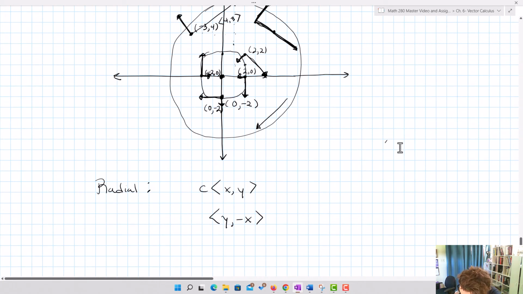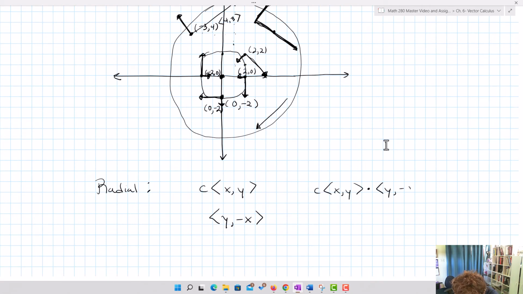So if the two vectors are orthogonal to one another, then when I take the dot product, it should equal 0. So if I take c times x, y, my radial vector field, dotted with y, negative x, I get xy minus xy, times c, which just equals 0.